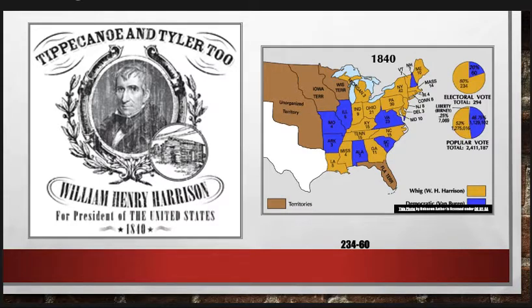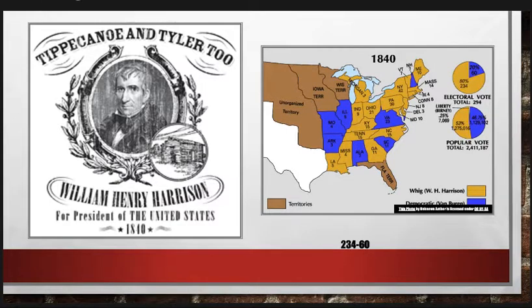So, the election of 1840 conclusively demonstrated two major changes in American politics since the Era of Good Feelings. First is that the people actually get their way. The people. It's a triumph for democracy.